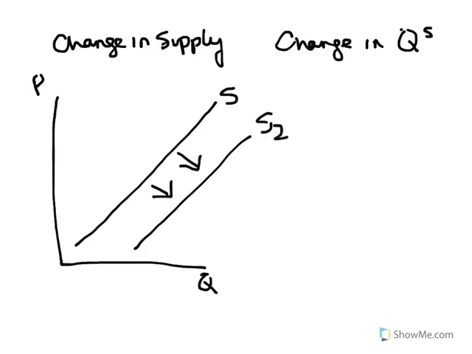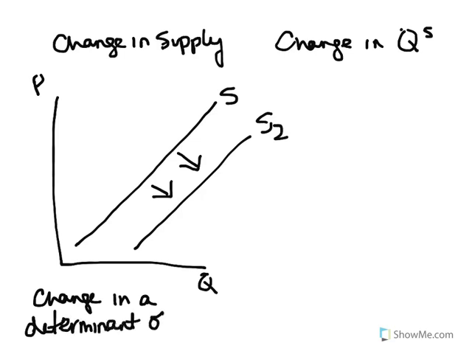So if there is a change in supply, that means there has been a change in a determinant of supply. So that's what this graph is illustrating.